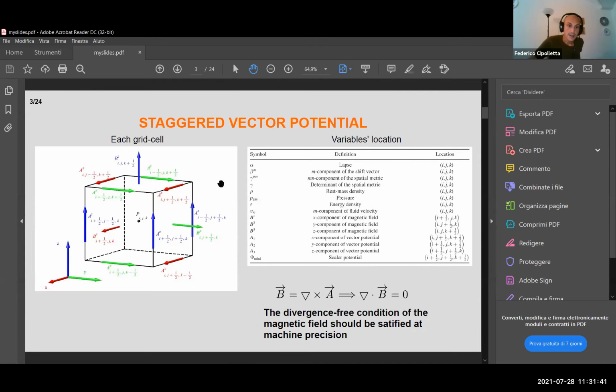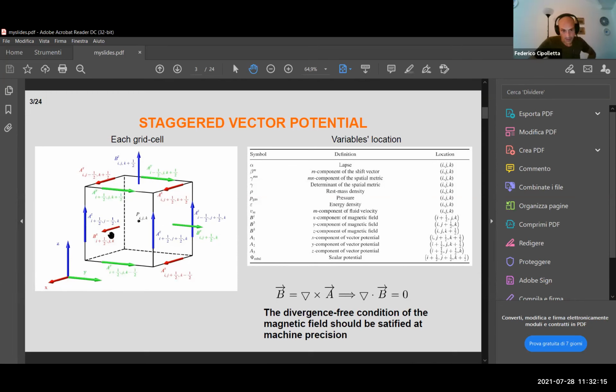Or you can consider the values of some variables staggered on the cell's edges or faces. Staggered vector potential means that you calculate the magnetic field from the evolved vector potential. You consider the vector potential located at the edges of a cell face.